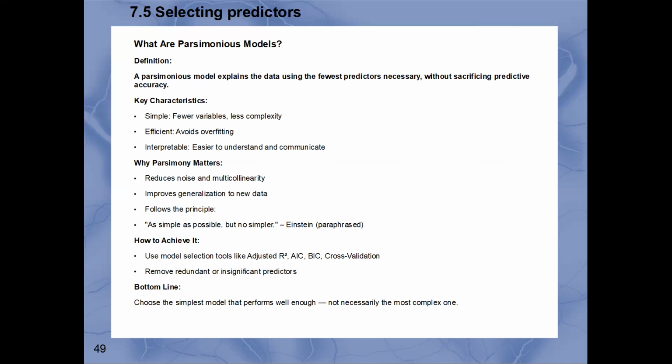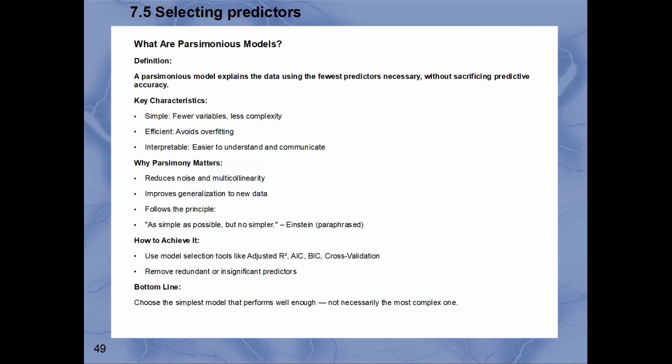Why it matters: it reduces noise and multicollinearity, and it also improves generalization to new data. And it follows the principle that Einstein paraphrased: as simple as possible, but no simpler.